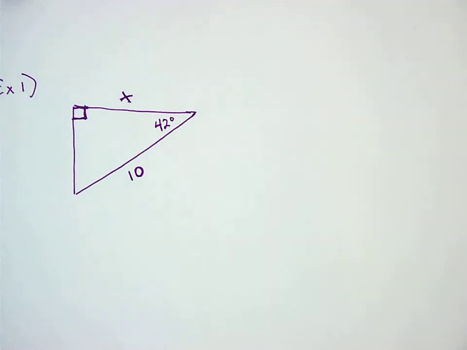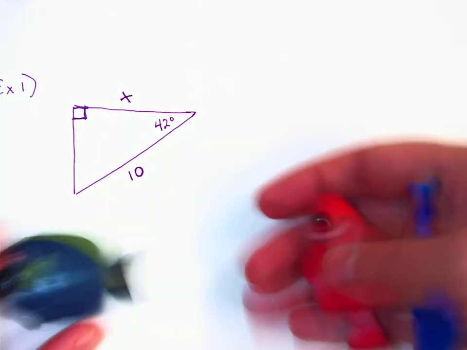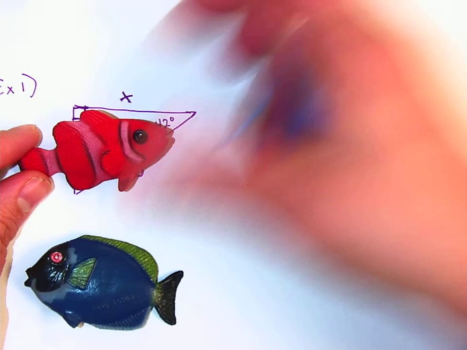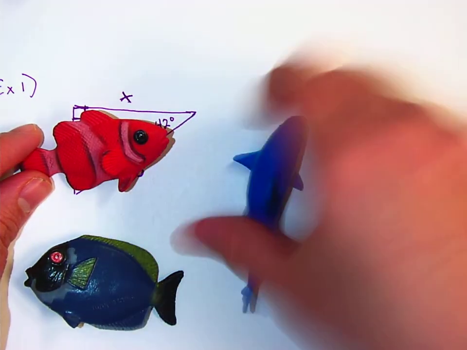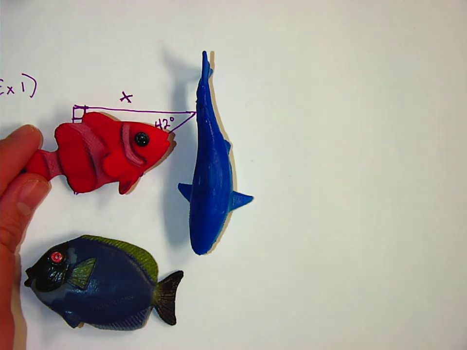I do have sea creatures today. We've got, let's see, how about a Dory and a Nemo? Although I don't like that eye on that Nemo. And a shark. What's the name of the shark in Finding Nemo? Is it Bruce?